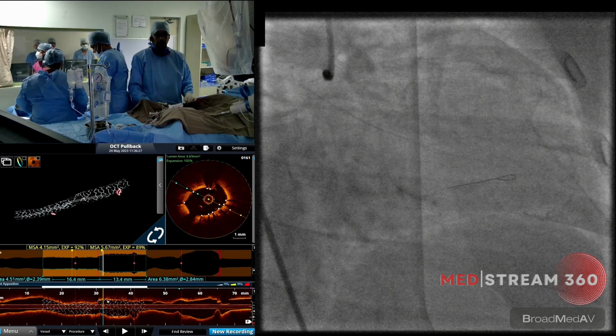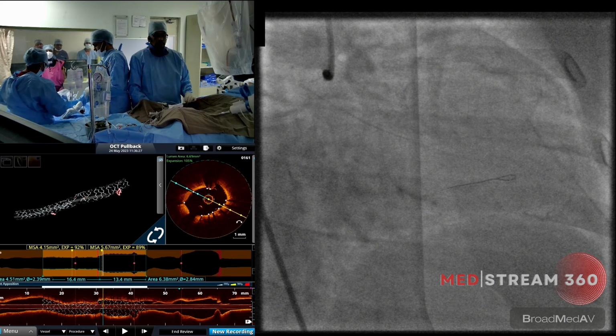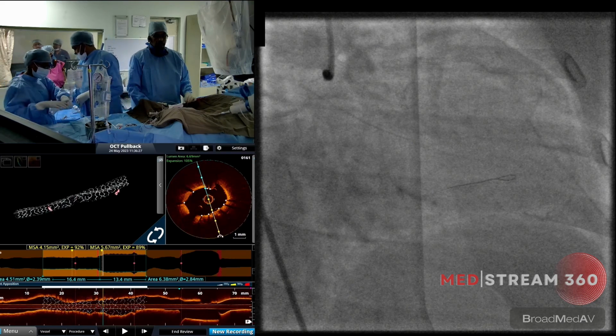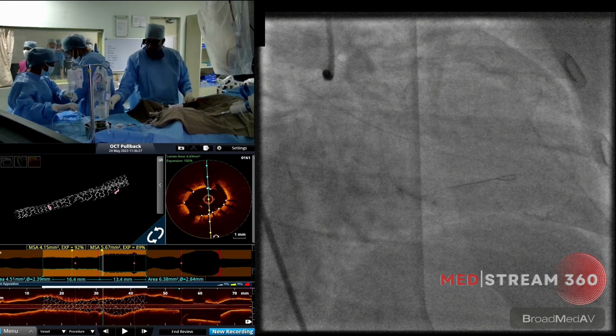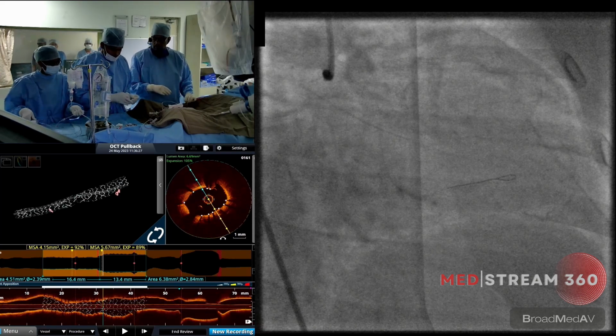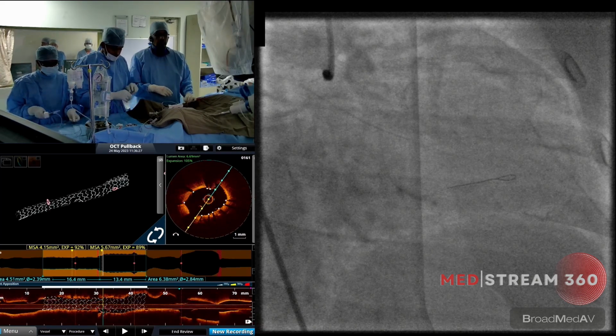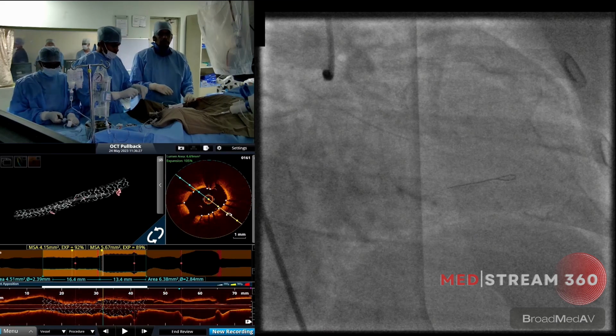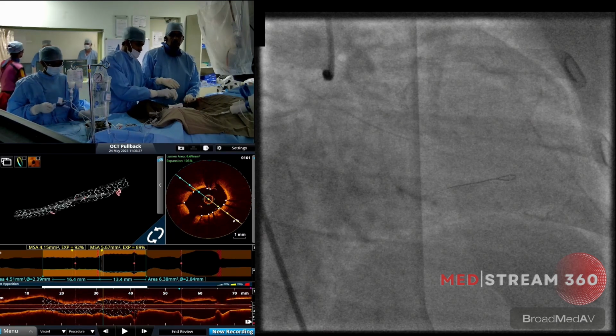Before the diagonal, the expansion is 89%, and after the diagonal 92%, which is reasonably good expansion, with no malapposition. And in the OCT, we can see clear images of the stent only view, what all the connector points are, and how the LAD is nicely opened.